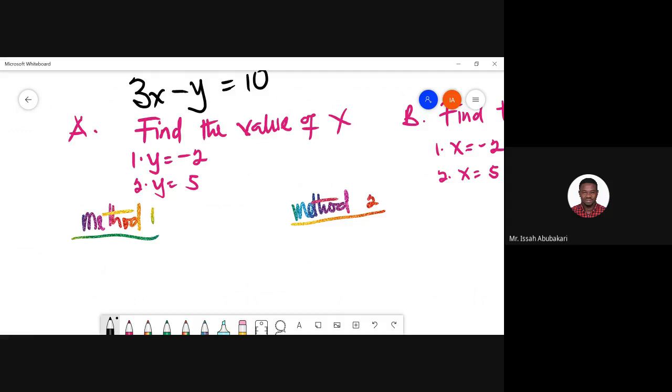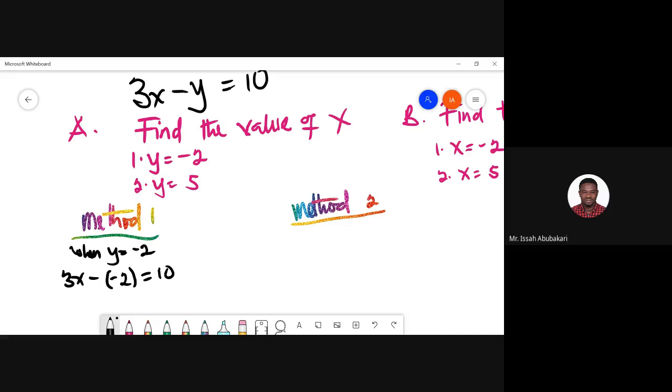Let's write the equation and substitute the y value into y in the equation. So we are going to write when y is equal to minus 2, the equation is going to look like this. 3x minus (minus 2) is equal to positive 10.